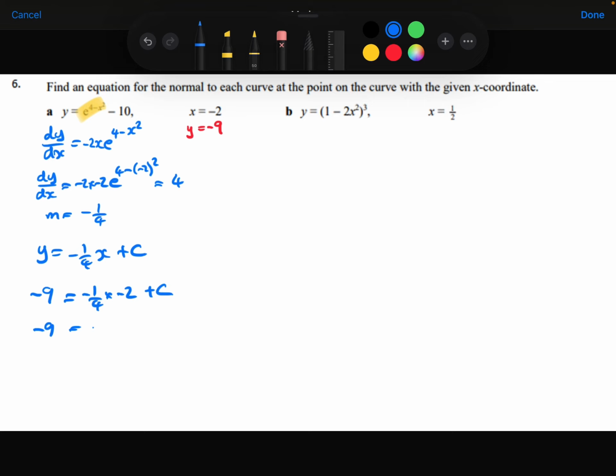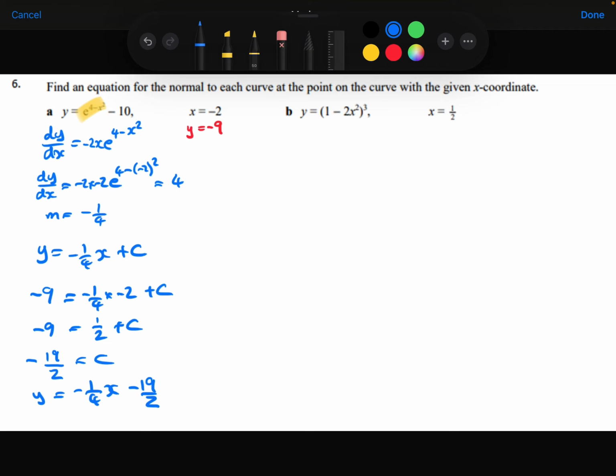And we can now work out what our c is going to be. It's going to be minus 9 take away a half, which is minus 9.5 or minus 19 over 2. So the equation of my normal is y equals minus 1/4 x minus 19 over 2.